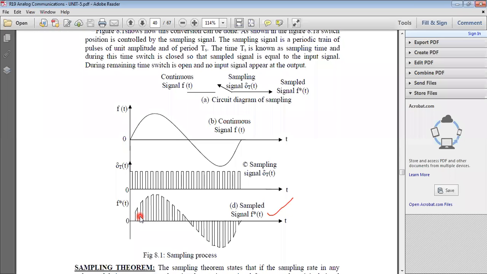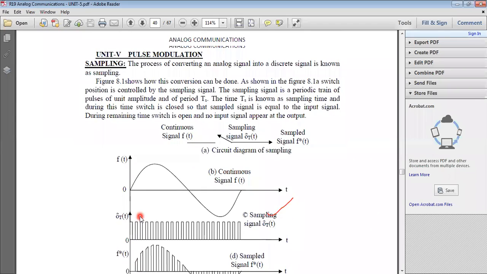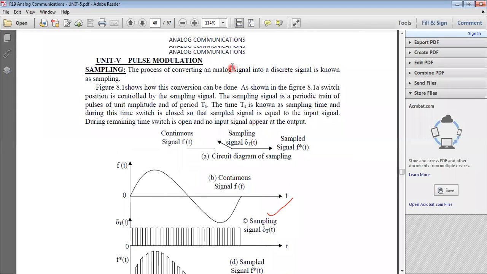How is this analog signal converted into a discrete signal? Here we take a continuous signal as the input to a switch S. If the switch is closed, the continuous signal appears for a particular time, so at the output we get that discrete signal.